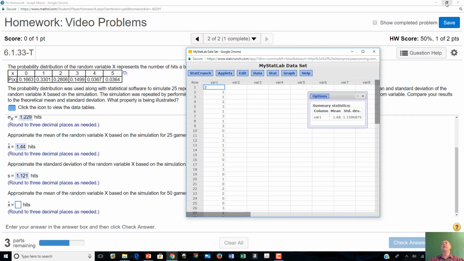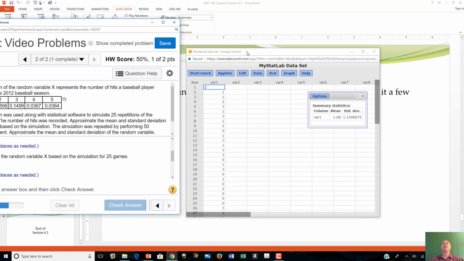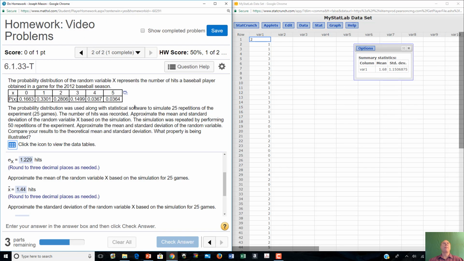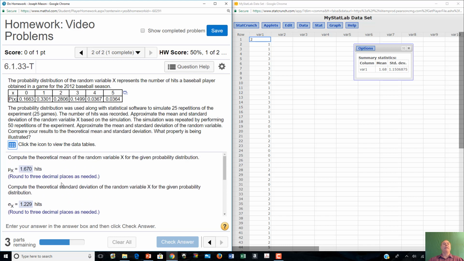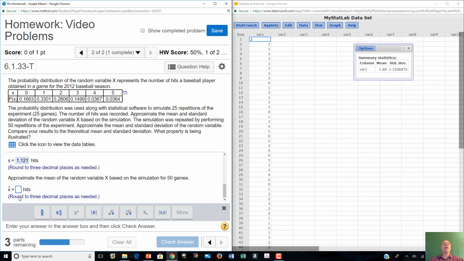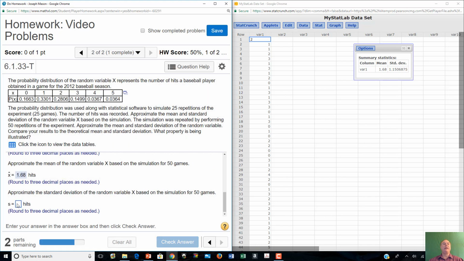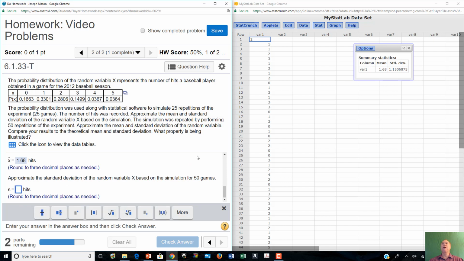Let me try to put these side by side. Okay, and I'm down here. So the mean was 1.68. Check it. Yes. And the standard deviation was 1.151 when I rounded off.